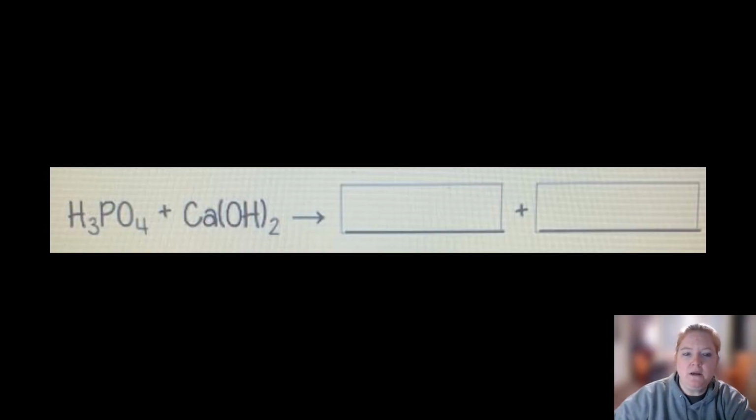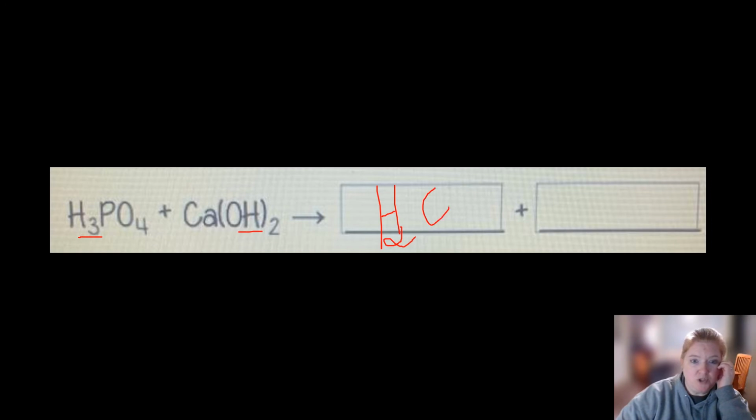All right, so here we have an acid and a base. What am I going to get? One thing I know for sure is water, H2O. Now I need the formula for the salt. I'm going to take the H's off the acid, take the OH's off the base, and then combine the two together.